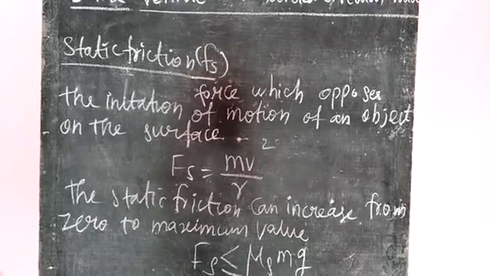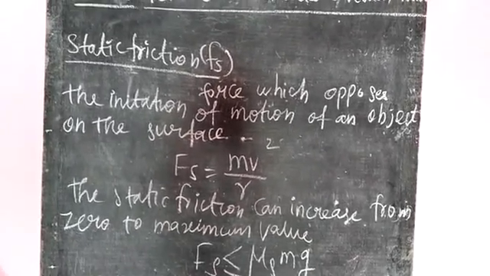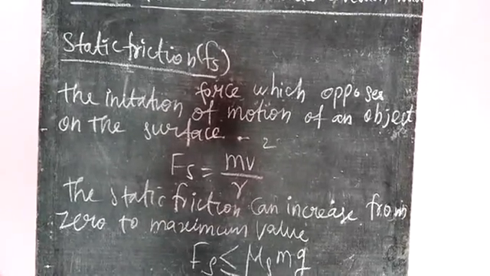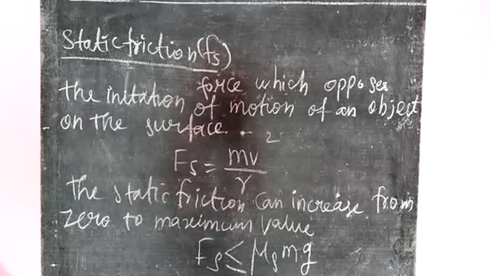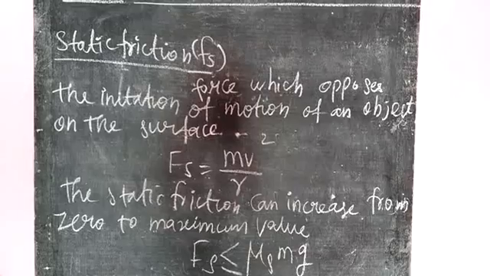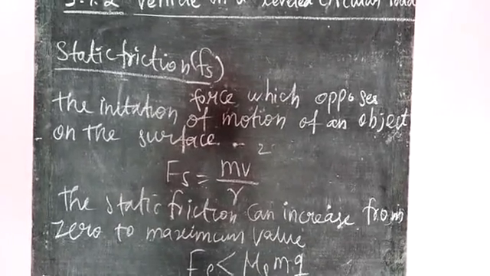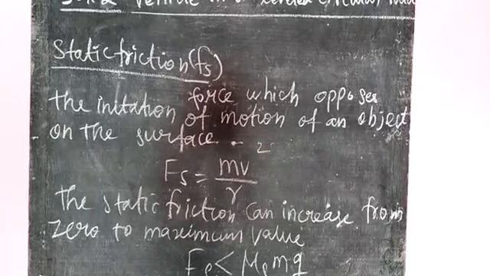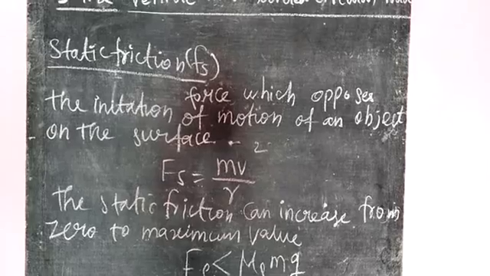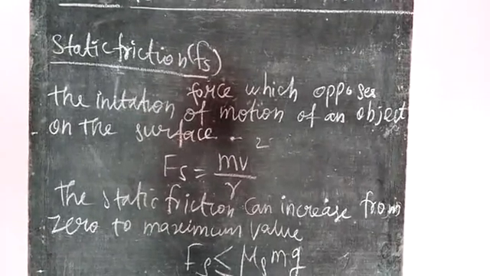When a body is at rest, two forces act: gravitational force downward and normal force upward. The two forces are equal and opposite, so the body doesn't move. The force which opposes, that is reduces, the initiation of motion of an object on the surface is called static friction.